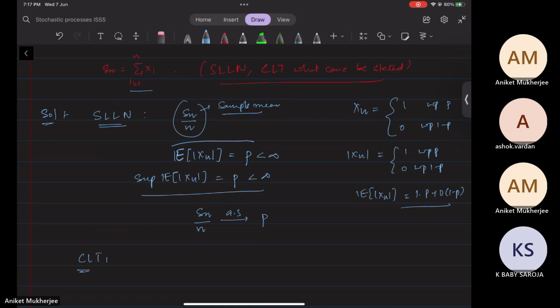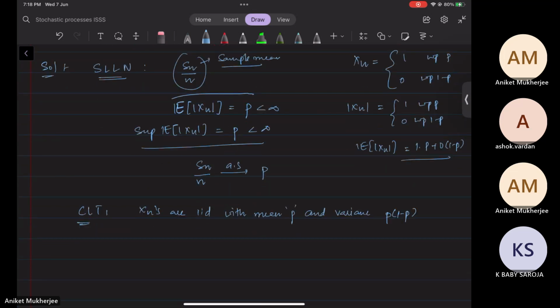Then central limit theorem, what can you say? Xn's are IID with mean p and variance p into 1 minus p.